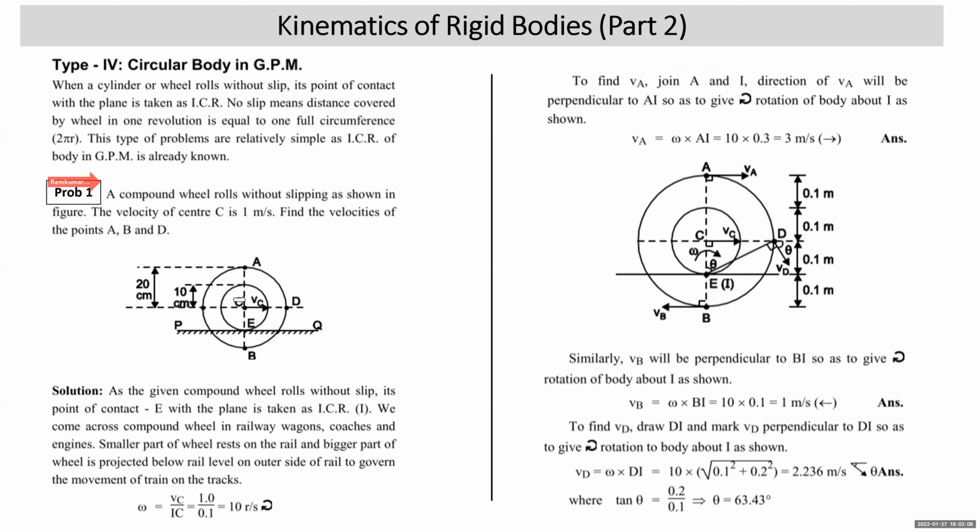Where do we come across this compound wheel, students? We come across compound wheels in railways: railway coaches, wagons, locomotives are all provided with compound wheels. Because in railways, the driver of the train does not have any steering system.